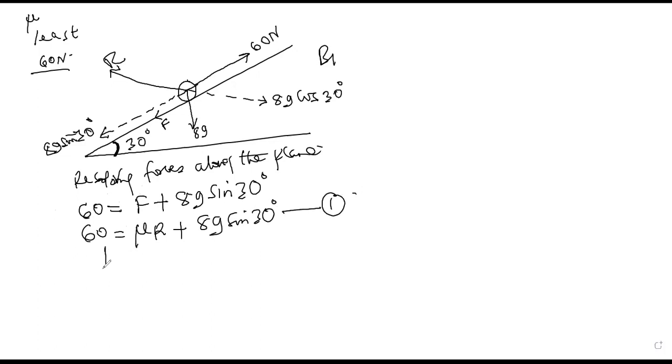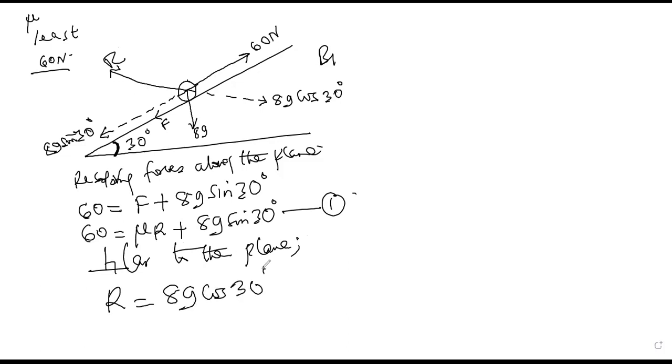You resolve perpendicular now to the plane. If you resolve perpendicular to the plane, you'll have R. Let's save time. R is equal to 8g cos 30. Yes. Then you substitute R into equation what?